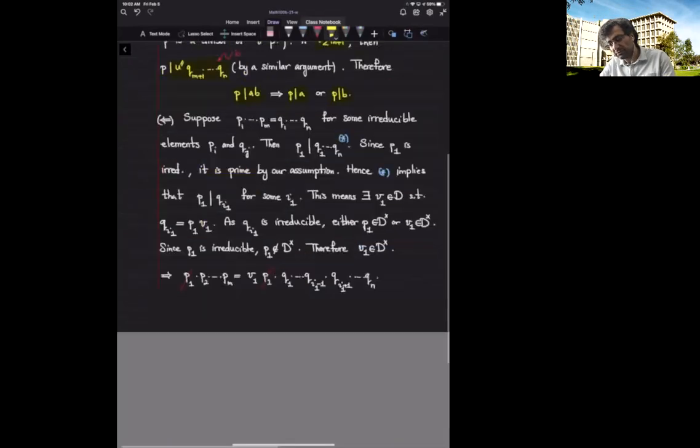So we showed that unique factorization implies that an irreducible element is prime.